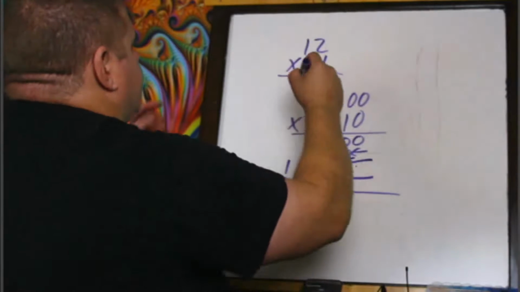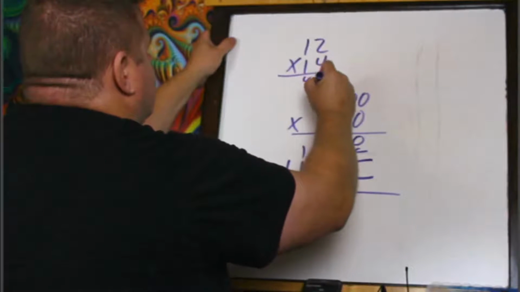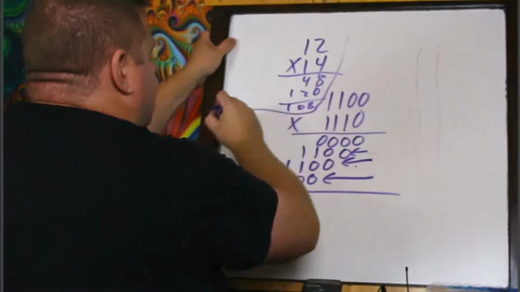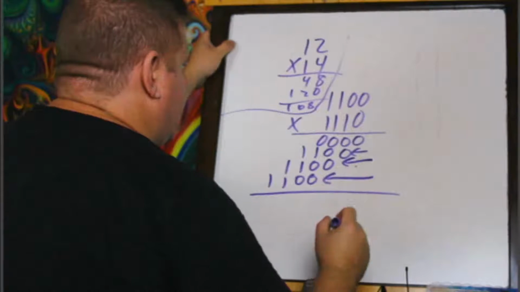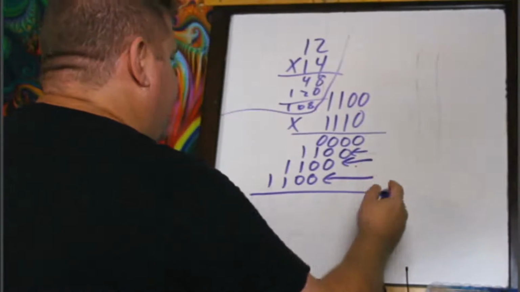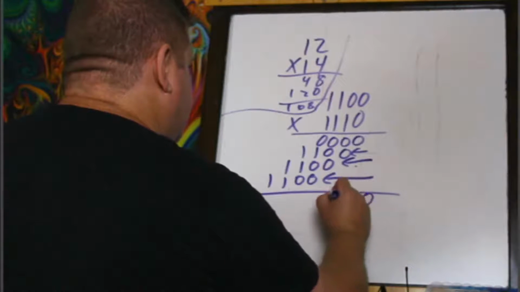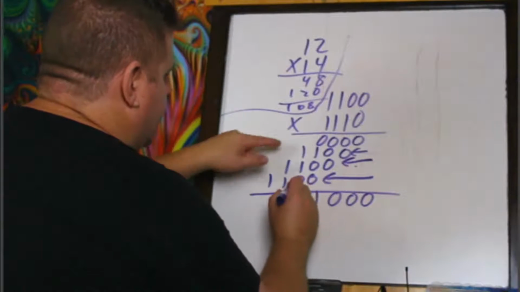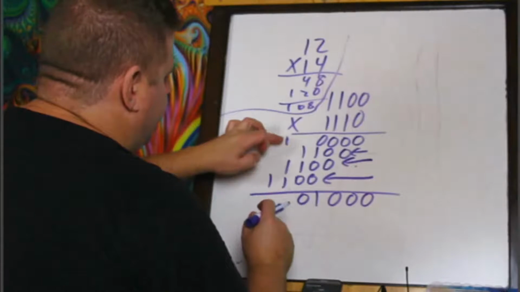Now if I do this one up here, I get what? 48. So that should be, I think, 168 should be our answer. Okay. And so now you just add everything together. So we've got 0, 0, 0, 1. 1 plus 1 is 2. That's 0, carry the 1. 1 plus 1 plus 1 is 3.